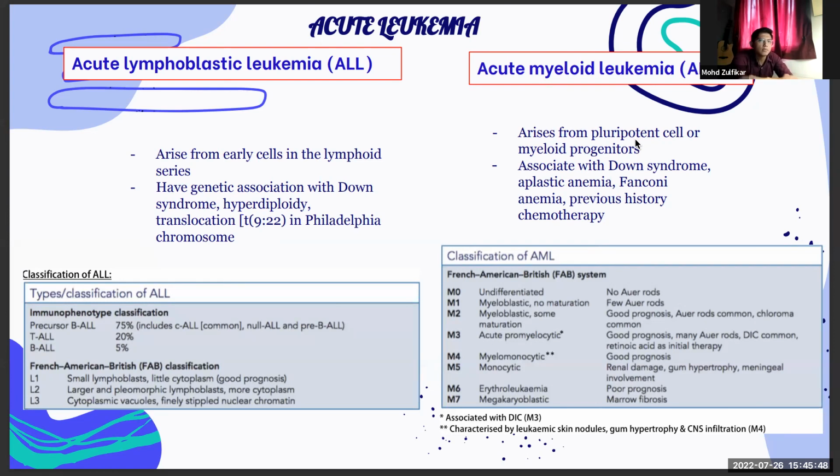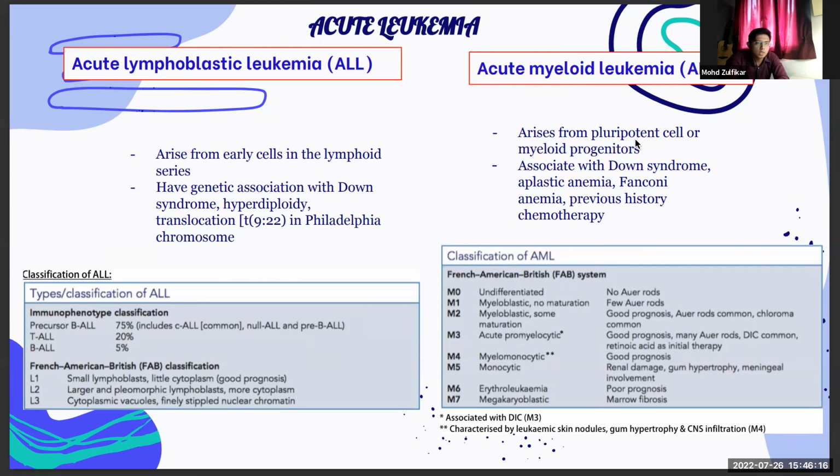The classification of AML follows the French American British classification system. As you can see, it is classified from M0 until M7. I think we do not need to remember everything. However, we need to remember the most important ones.